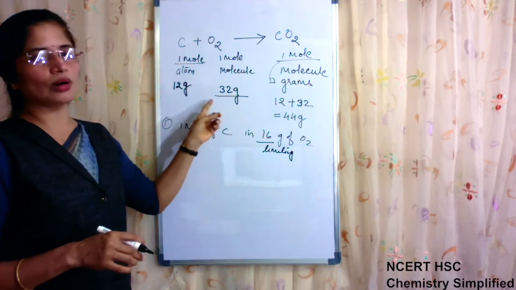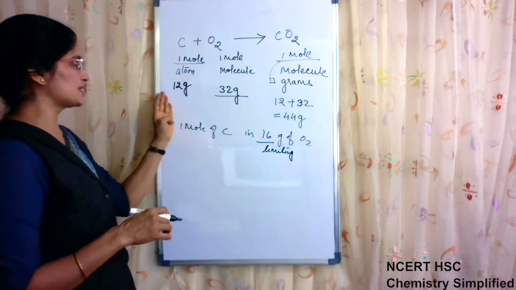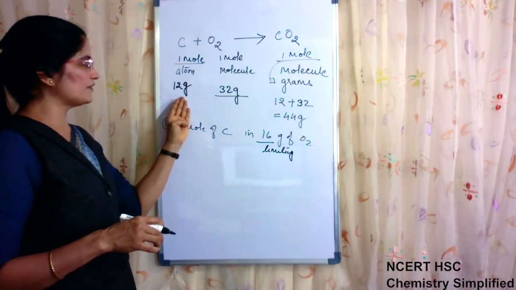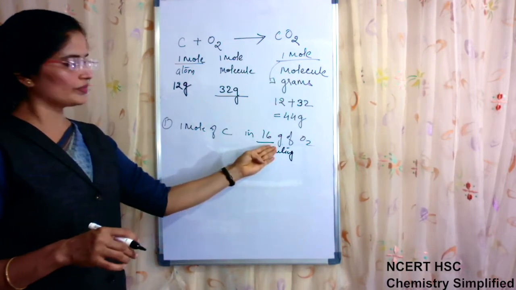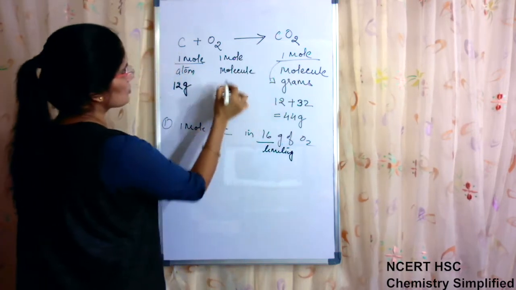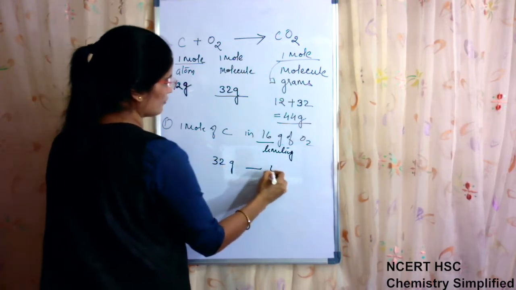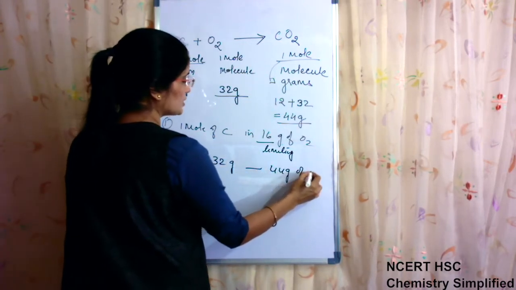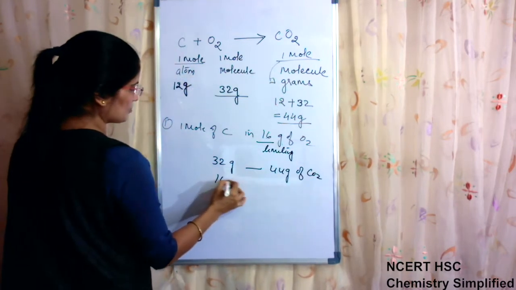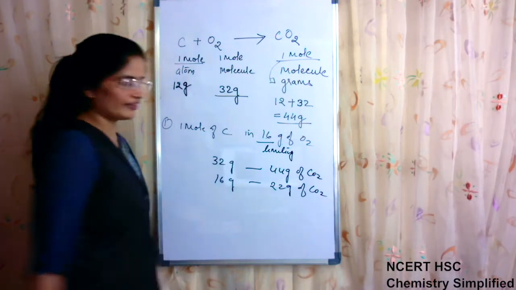So product will be formed according to the limiting reagent, because 1 mole of C is useless. It is 12 grams available, but still it will react only with 16 grams only. So when 32 grams of oxygen gives 44 grams of CO2, 16 grams will give 22 grams of CO2, half of it.